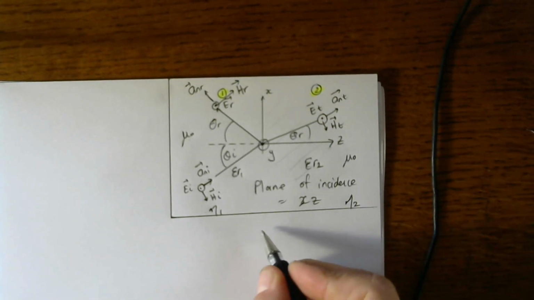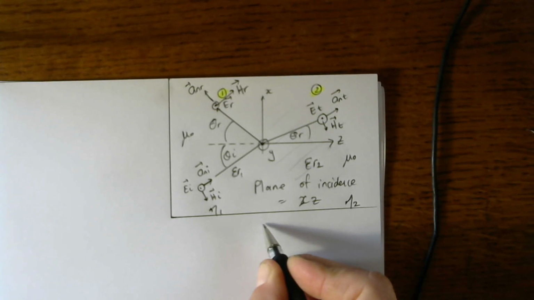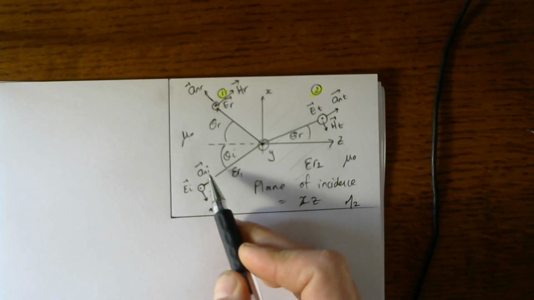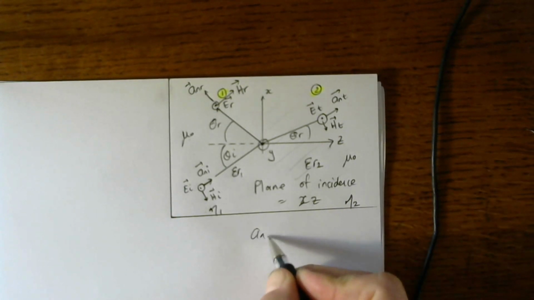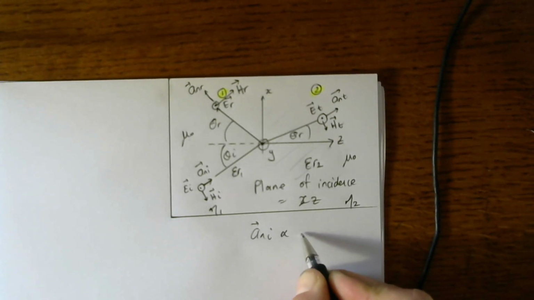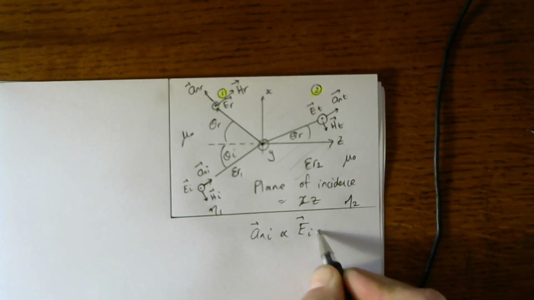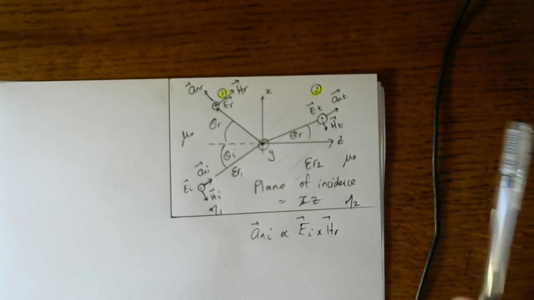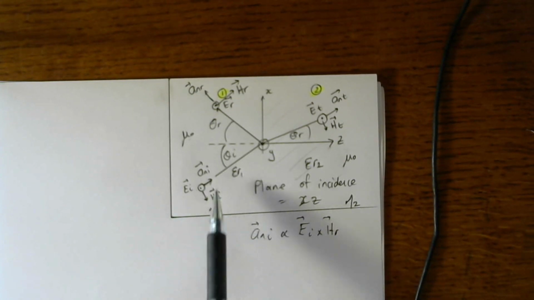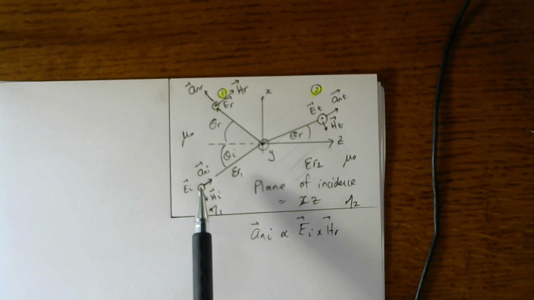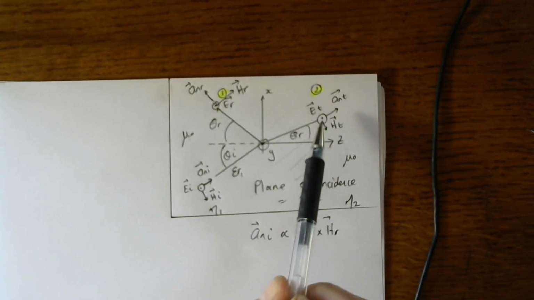All you essentially do is use the fact that power will propagate in the direction of E cross H. So let's just say A_I will propagate in the direction of E cross H. If you follow the convention that E cross H should point in the direction of this vector over here, and the same for the transmitted and reflected fields, then you will always have the correct convention where E cross H gives you A_I. Same with the other vectors over here.